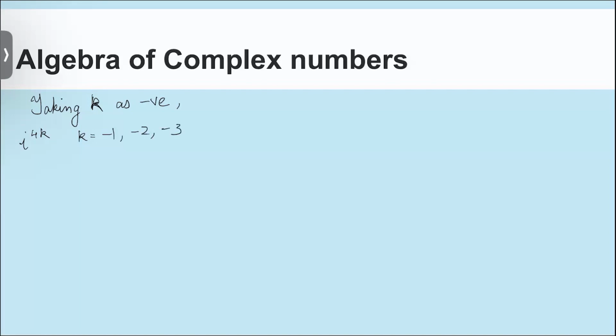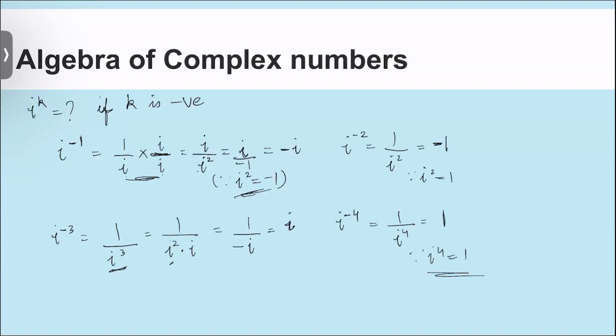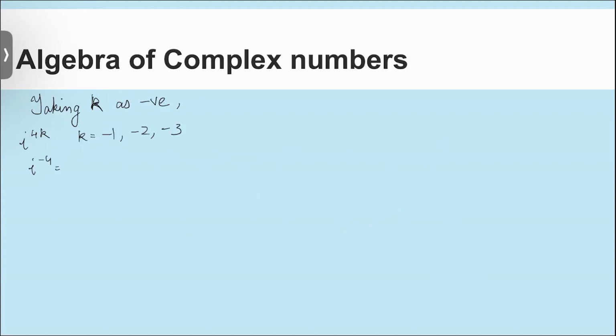What we get with i raised to -4 we have already seen over here. Then again, if you have i raised to -8, it's 1 upon, say you have already simplified this, 1 upon 1, which will be 1. Similarly, it will be the same for 4k with k equal to -3.